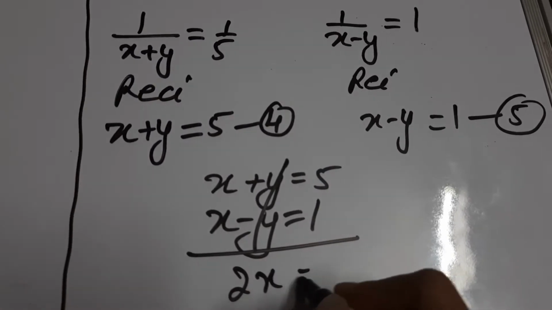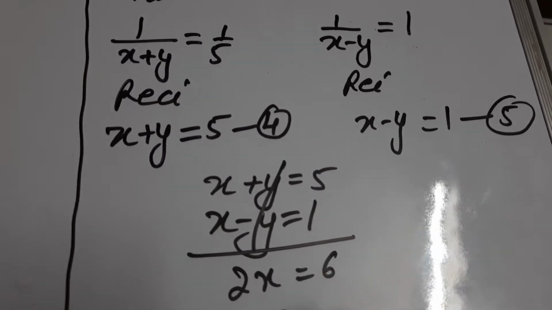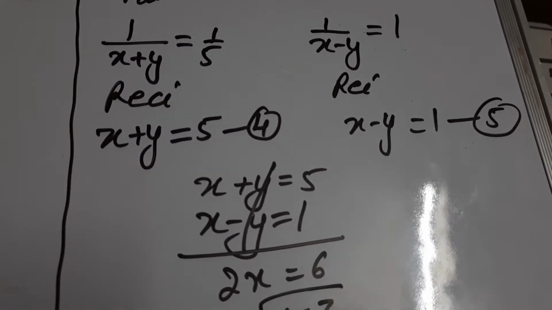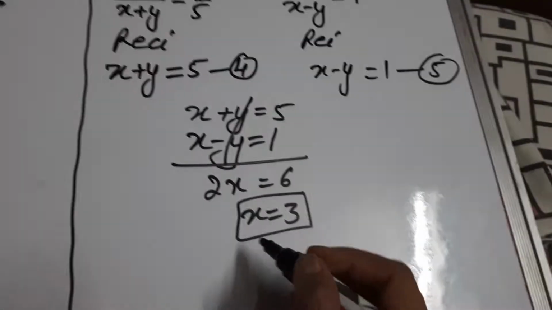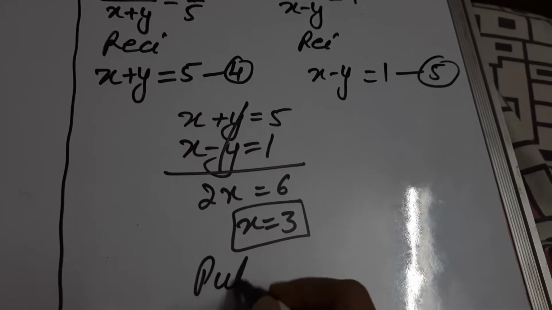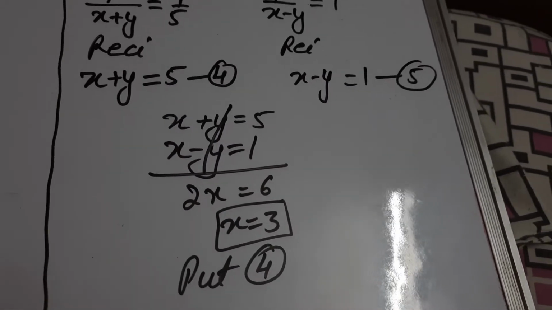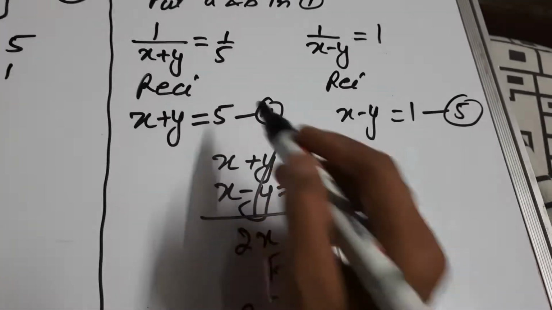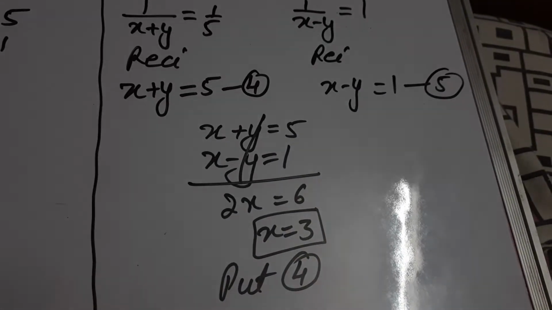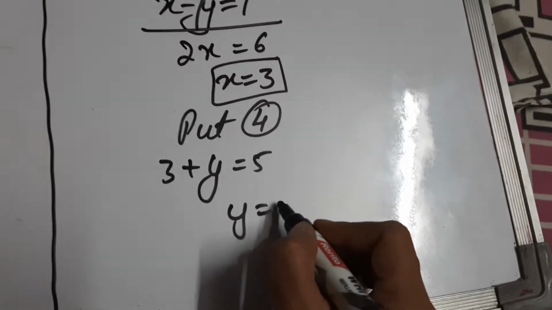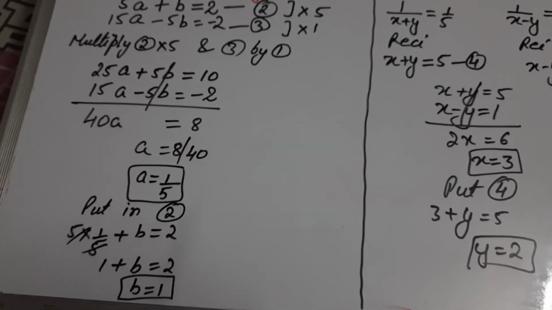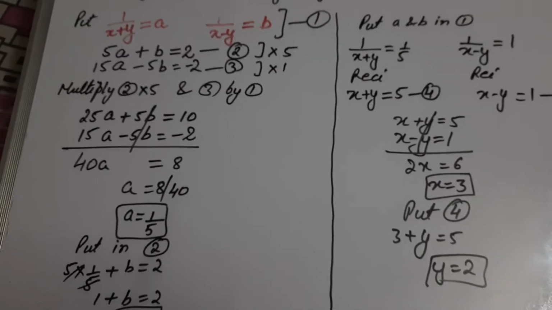We'll write 2x is equal to 5 plus 1, 6. So x is equal to 3. Right? Now put this value either in fourth equation or in fifth. So put in fourth equation. So fourth is x plus y is equal to 5. So we'll write 3 plus y is equal to 5 and y is equal to 2. So in this way you will solve this part.